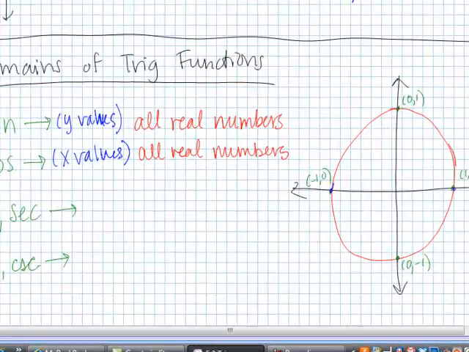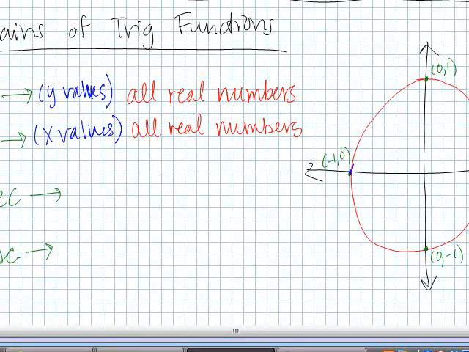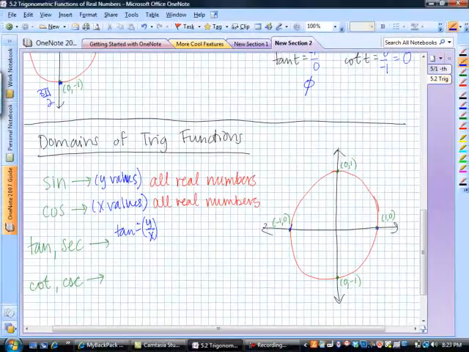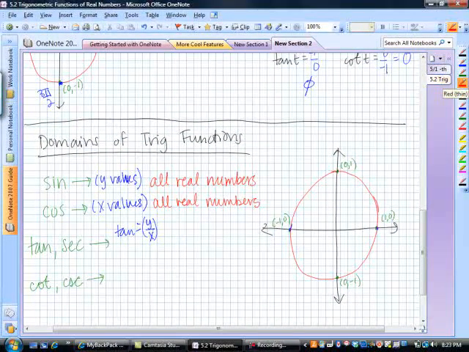But now let's think about tangent. Tangent is y over x. Looking at the fraction y over x, when is tangent undefined? Hopefully you've seen that tangent is undefined when x is equal to 0.